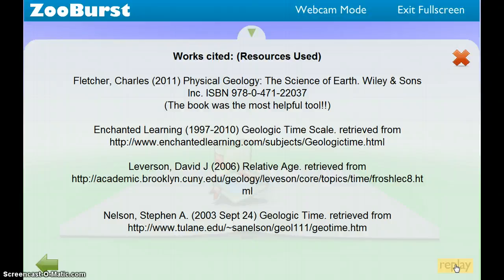I didn't go too much in depth on the geologic time scale because my project wasn't about the geologic time scale. It's more about how you test rocks, not where they belong, but how you test them and how you test fossils. And the other three are some helpful findings that I ran across on the internet, and they helped a lot with my project.